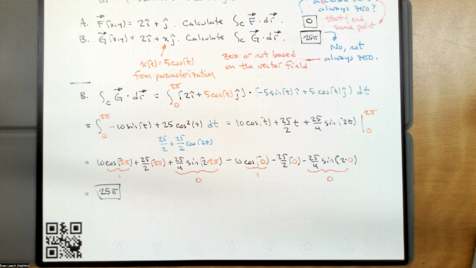So if the flow line of the vector field is the same as the curve, those are going in the same direction, then our product is going to be 1 times those two magnitudes, cosine of 0. But as the vector field and the curve start pointing in different directions, the product starts to decrease. Questions?